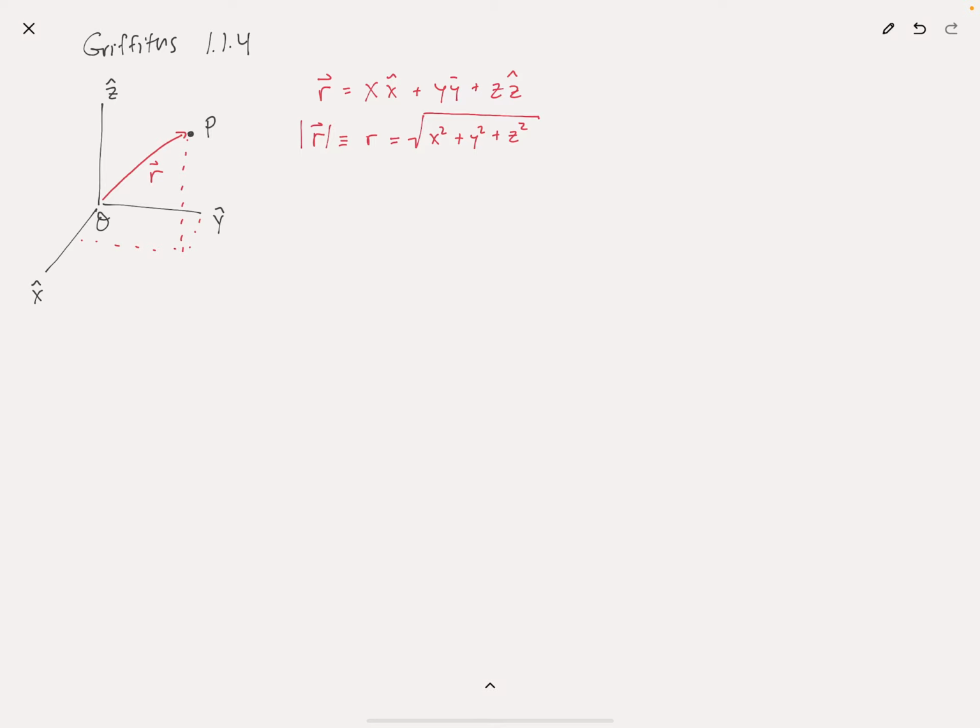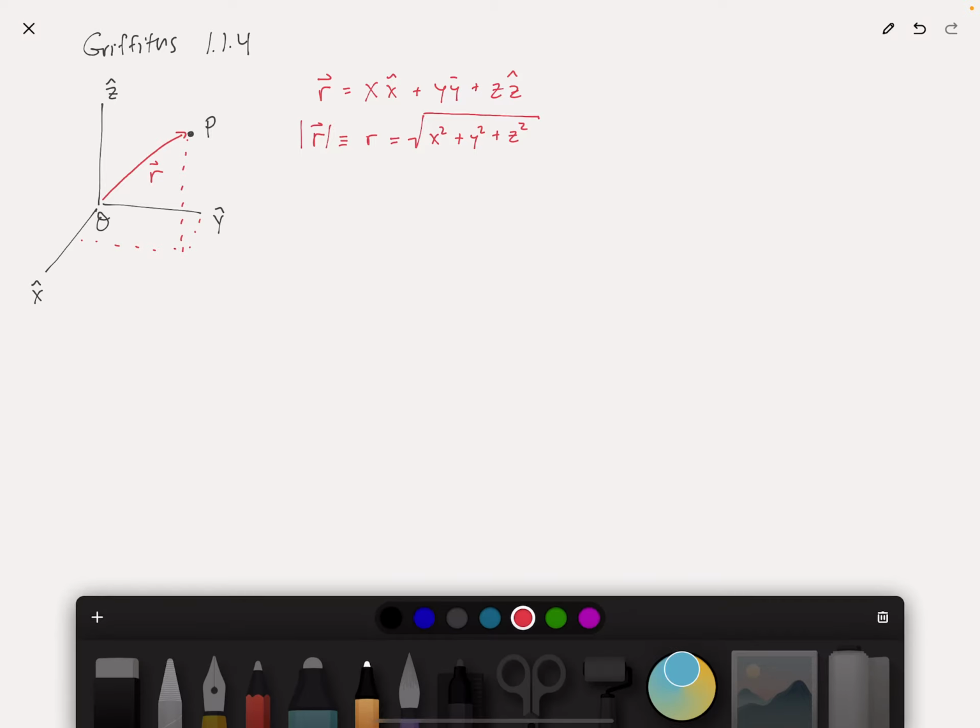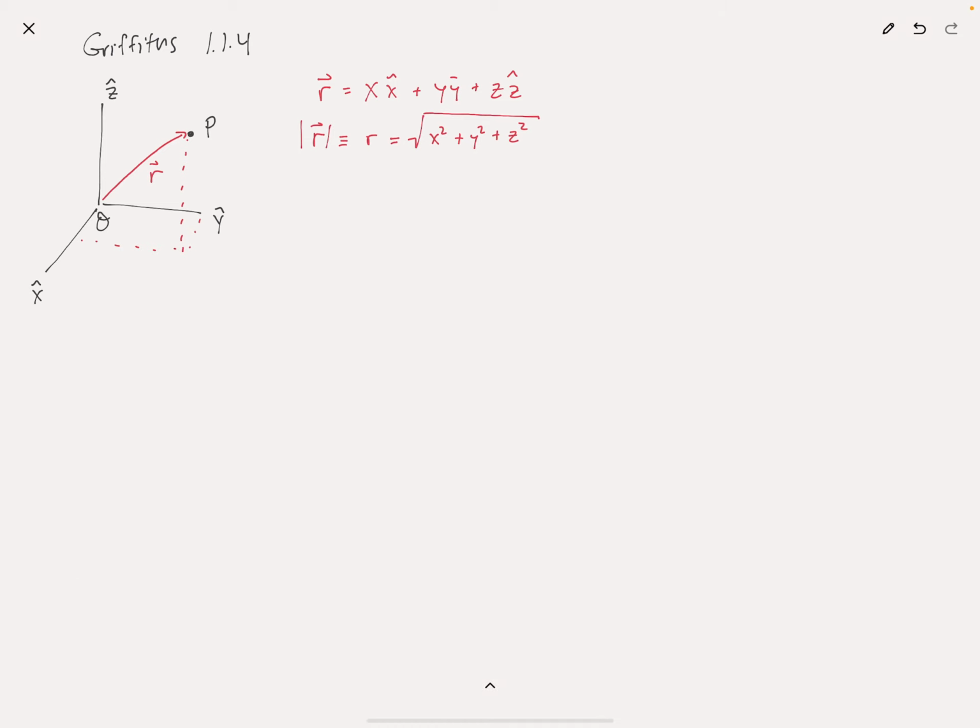We can also define a unit vector that points in the direction of our vector r. I'm not going to draw it in a particular size, but I'm going to draw the orientation correctly. This is a unit vector, r hat, that points in the direction of r but has length 1. To build that unit vector, we take our vector and divide it by the magnitude of that vector.